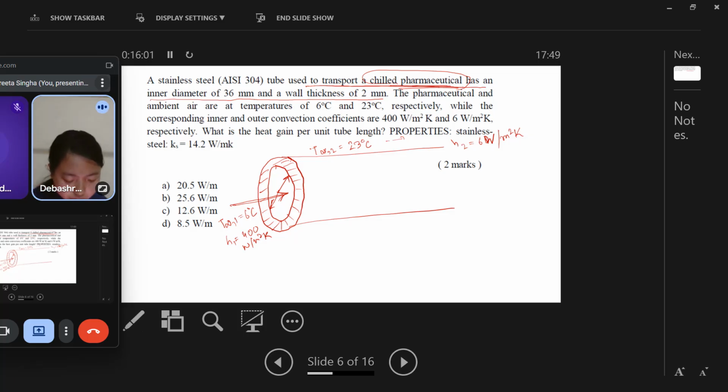What is the heat gain per unit tube length? So again you have to find Q dash, the heat transfer rate per unit length. Stainless steel conductivity Ks is given as 14.2 watt per meter Kelvin. So just find out what it should be.